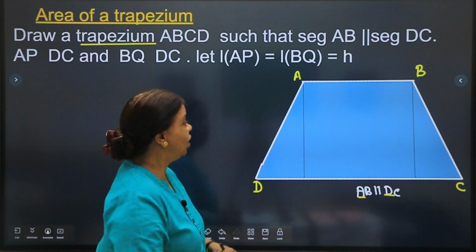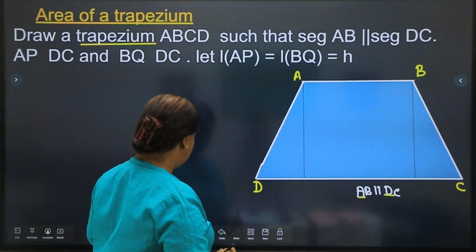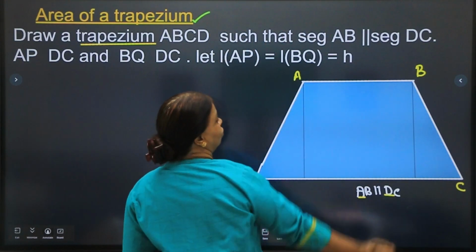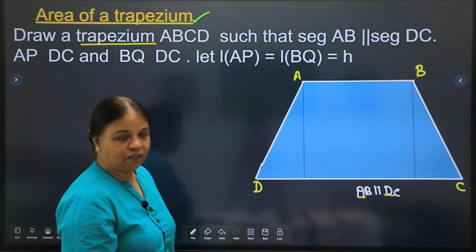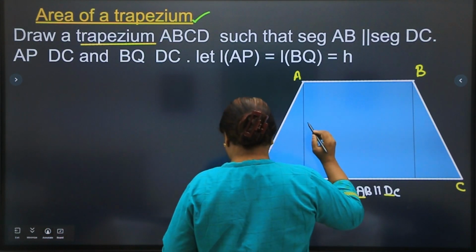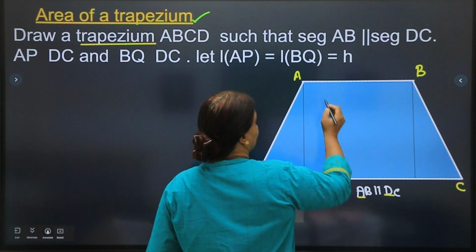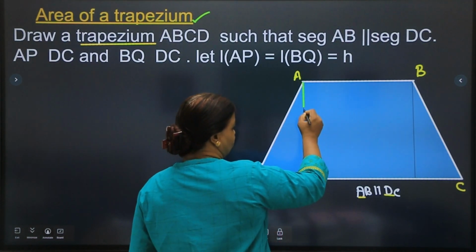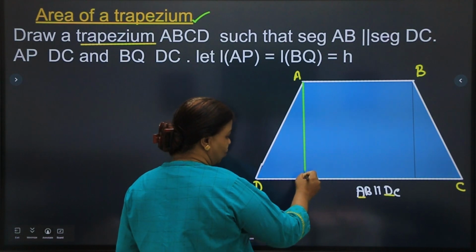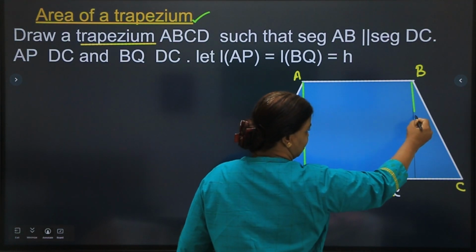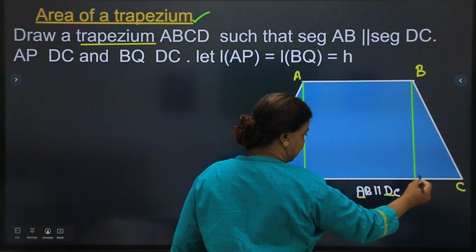Now here what we are going to do, we are going to find the formula for the area of trapezium. Okay. Let's begin with how to do it. Let me draw a line which is perpendicular to DC. There is one more line which is perpendicular to DC.